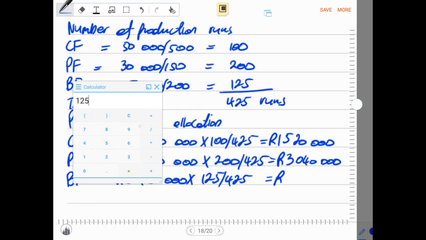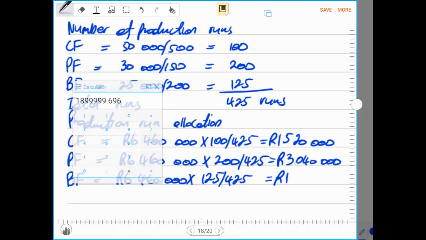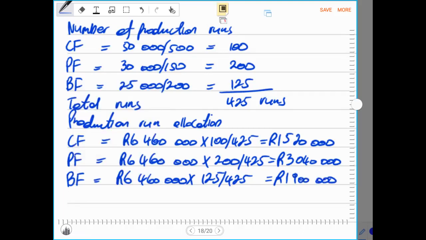The next one is 125 divided by 425 times 6,460,000, which is 1,900,000.